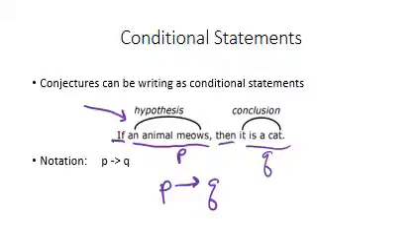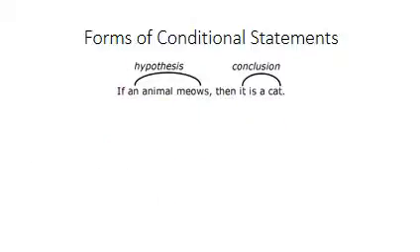And here we've got a little bit more of a mathematical way of presenting a logical statement. So looking at different forms of conditional statements, if this is my initial statement, and again I'm going to call this thing P, and I'm going to call this thing Q, then this statement is P implies Q.